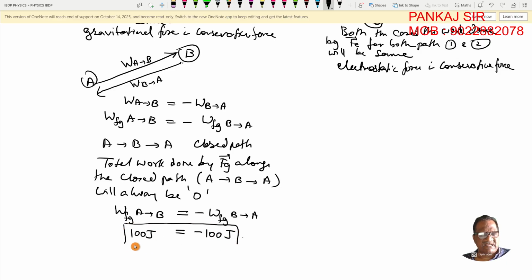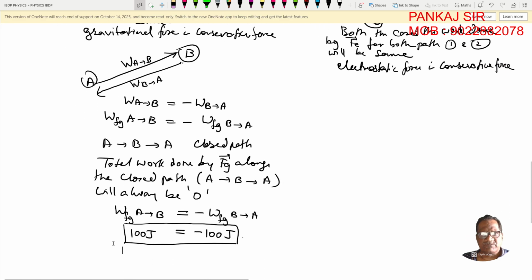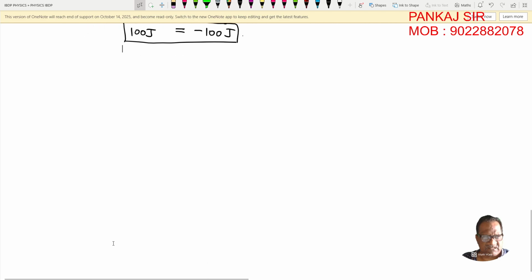And the same thing holds equally good for electrostatic forces also. So that was the second property of conservative forces, which are very, very important according to me. So gravitational force and the electrostatic force, both being conservative, these two properties will hold good for both these forces.